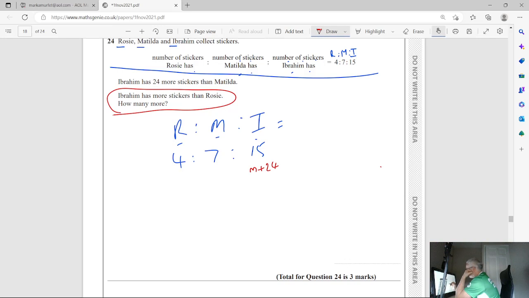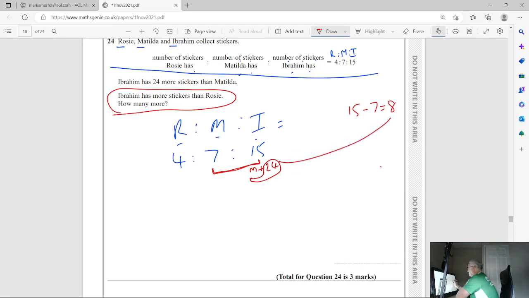Now, at the minute, we're thinking we don't want to make this algebraic. We don't want to make it really complicated. At the minute, what's the difference between Matilda and Ibrahim? Well, 15 take away 7. That difference is 8. We know that he's got 24 more stickers than Matilda.